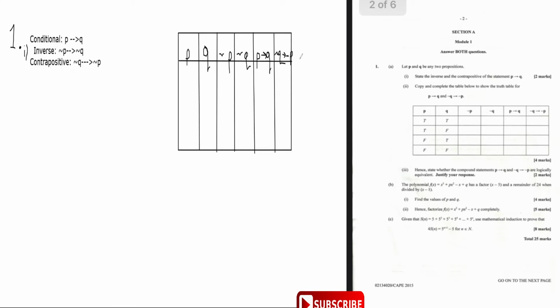The good thing is they already filled out the table for us with the truth values for P and Q, which makes it much easier. So you have true, true, false, false. Then you have true, false, true, false.